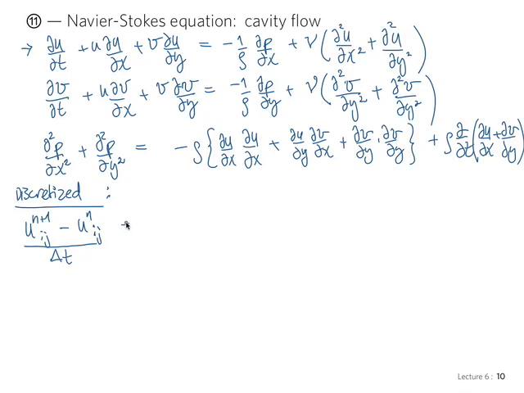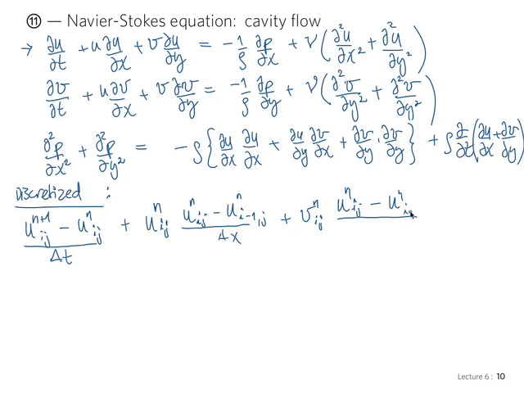And then we have, and this you've done already for the Burgers' equation, u_ij times, this is a convective term, so we use a backward difference in space to be consistent with the physics that it represents. So u_ij minus u_i-1,j divided by delta x, and the second term is with v, v_ij, and again it's a backward difference in j now, u^n_ij minus u^n_i,j-1 divided by delta y.